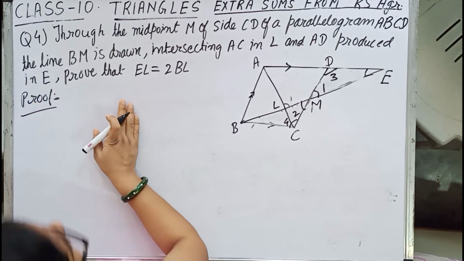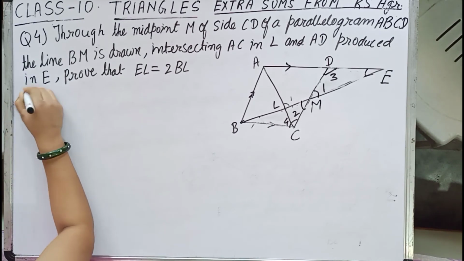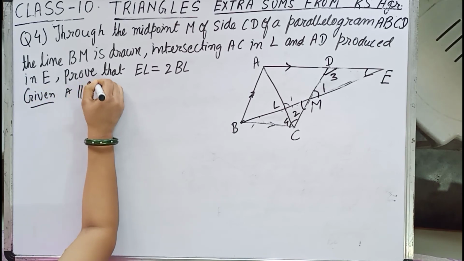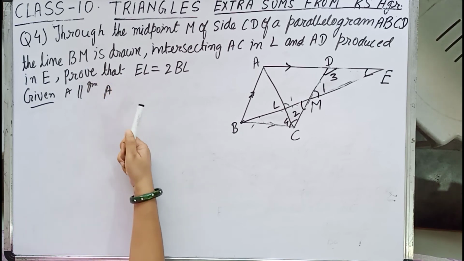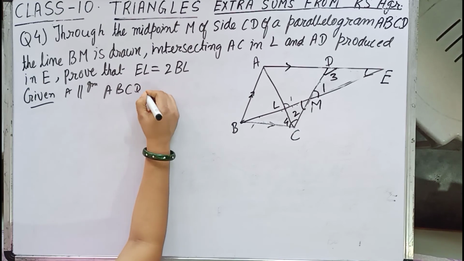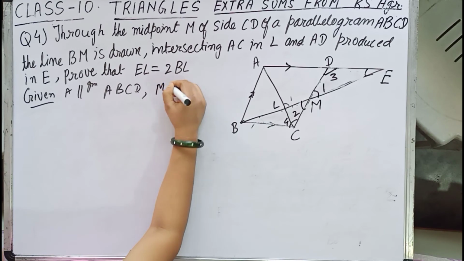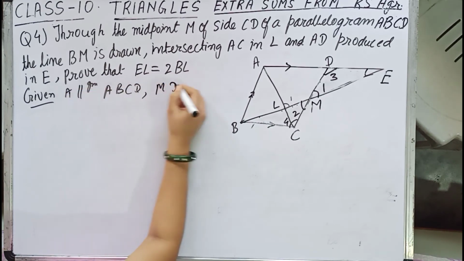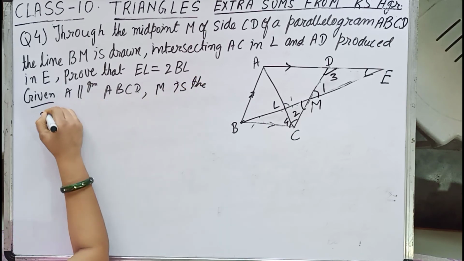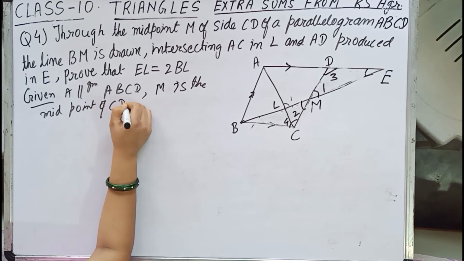The given part and the required to prove part, you have to write. Or shall I write? Okay, let me write. Given a parallelogram ABCD, and M is the midpoint of CD.